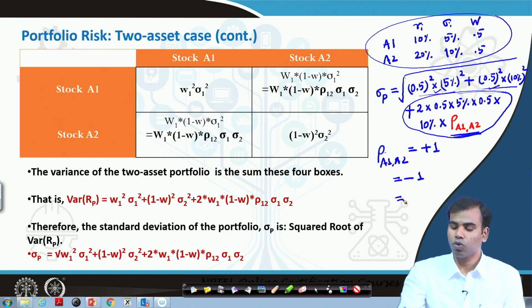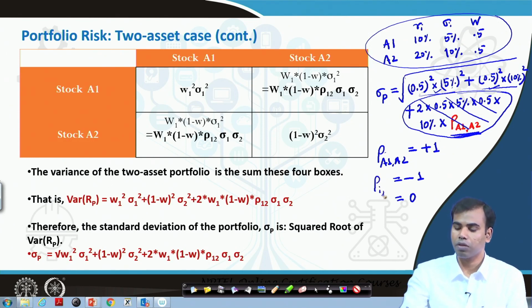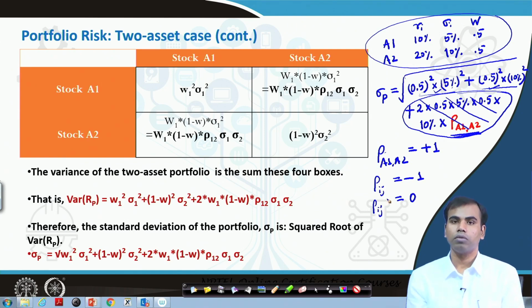And if it is 0, which means the entire factor will be removed and it will be as much as the risk associated with each of the individual assets. This is how this sigma can be minimized or increased depending on how correlated the assets in your portfolio are.